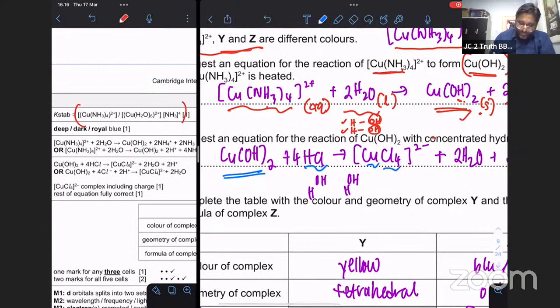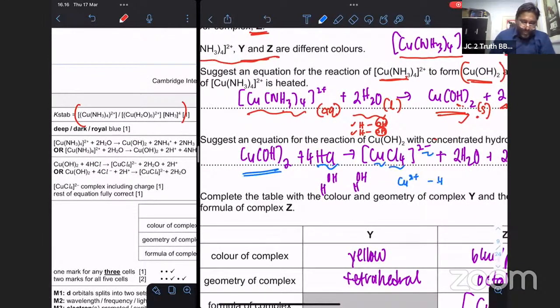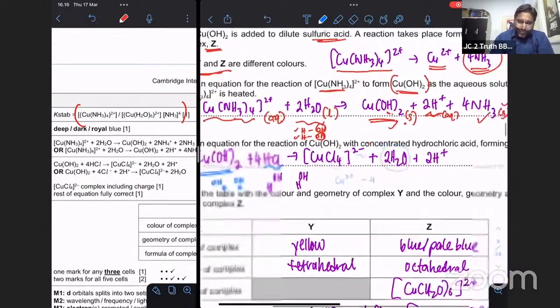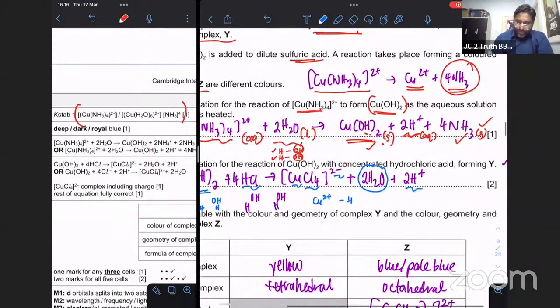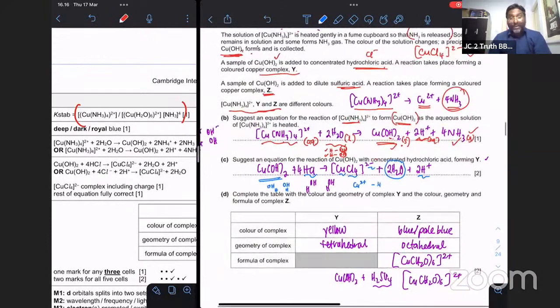So CuCl4: Cu is already 2 plus, and Cl is negative 1, so you have negative 4, so plus 2 minus 4, you get 2 minus. Then what will happen next? You have OH, OH, and then 4H plus, so 1H, 1H, 2 moles of water. What will happen to the remaining 2H plus? They will stay. So this is how to write the equation.